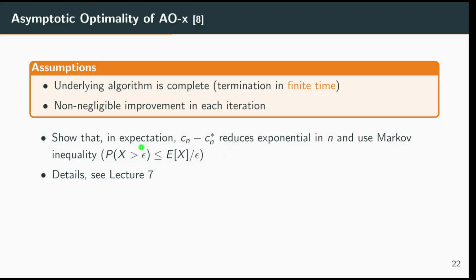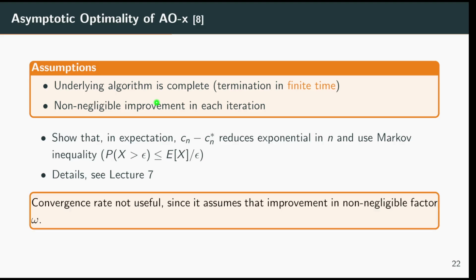We compute some probabilities, we bound it with some lemma in order to show that this probability converges to 0. Okay, and then also in the exercise, you played a little bit with computing convergence rates and discussing why this doesn't really tell us anything useful in terms of real convergence rate. And in fact, in practice, the convergence to an optimal result in AOX is very, very poor. It takes a long time.